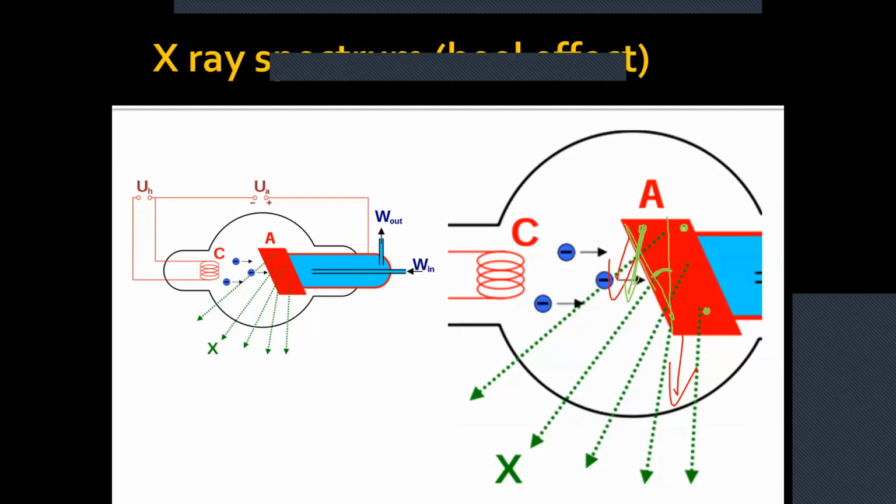As for these X-rays, the ones that are produced here, they're going to need to pass through all of this anode before they leave and then travel to the patient. So that means that these ones are going to have a lot less energy overall. And so that's the Heel effect. The Heel effect is basically that you have this heel shape.